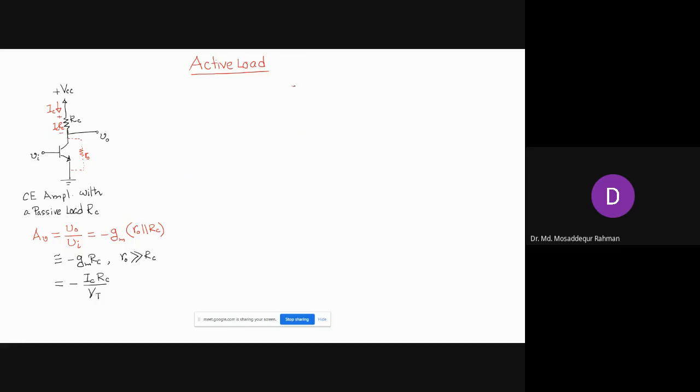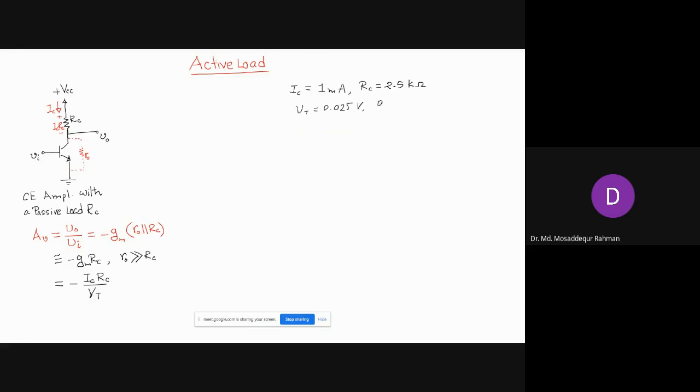Now take a typical numerical example. Let's say our collector current IC is 1 milliampere and our collector resistance RC is 2.5 kilo ohms. These are typical values for currents and resistances in electronic circuits. VT is usually 25 millivolt, or 0.025 volt.